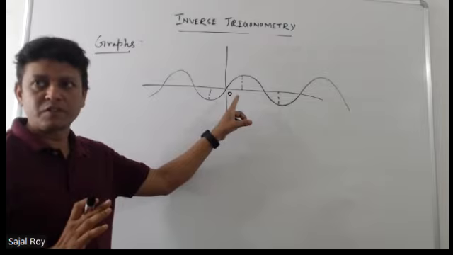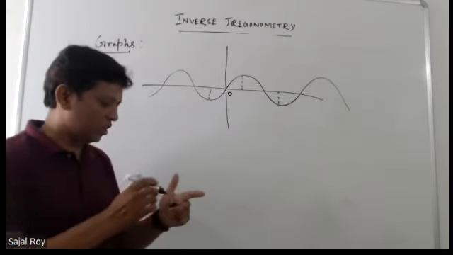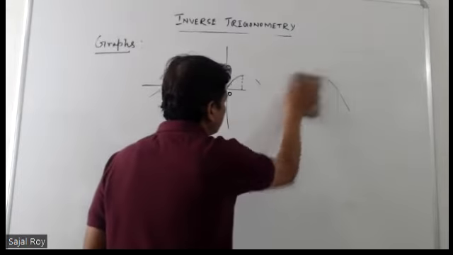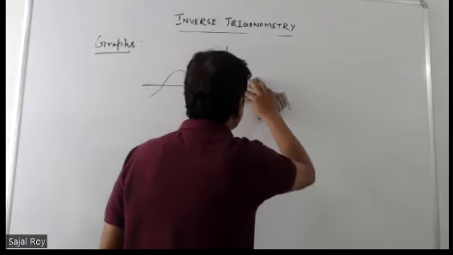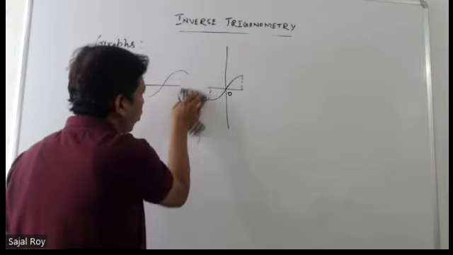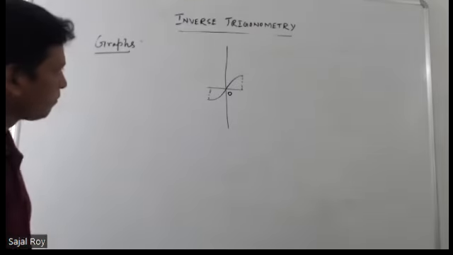Especially for the trigonometric functions, I will take the principal part, near the origin. The rest of the part I will remove. Otherwise the inverse function doesn't exist for the whole graph. That is why I have taken this part out.